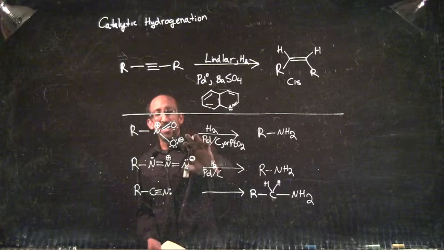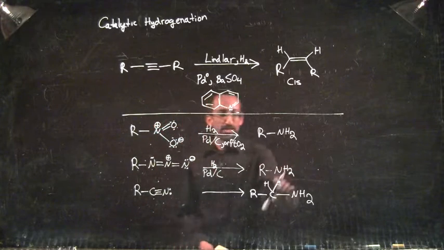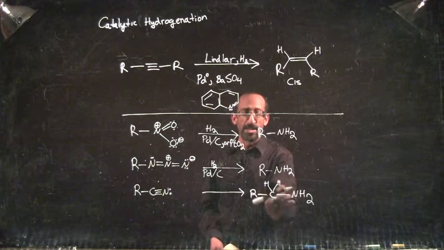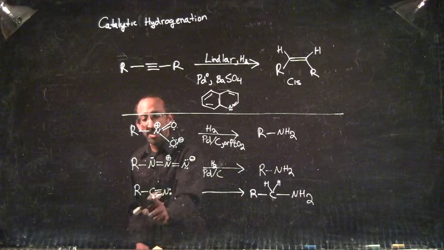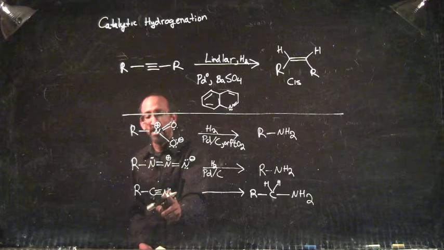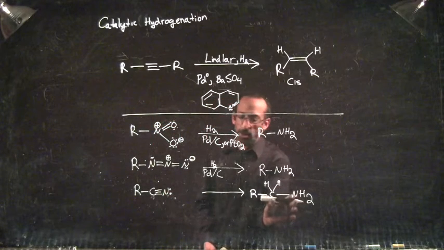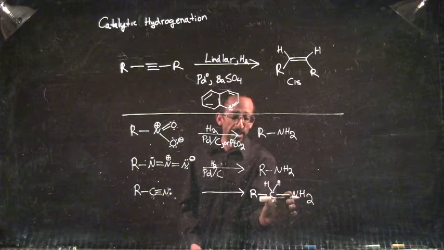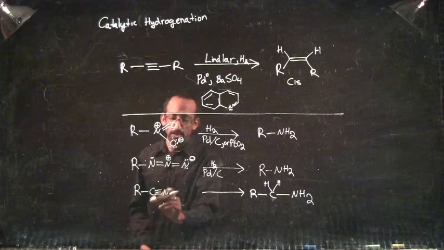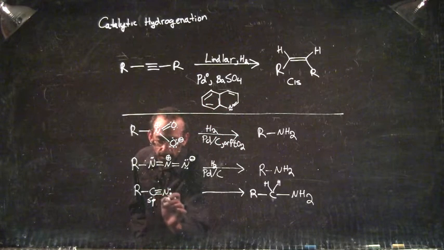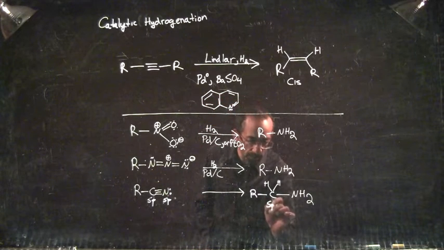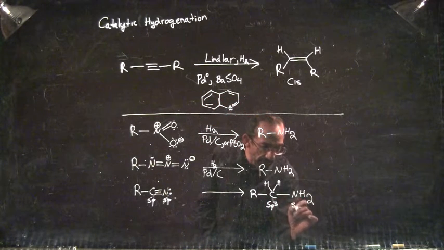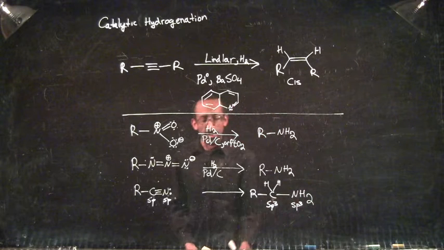Our nitro and azide functional groups don't give us this new sp3 hybridized carbon, but our nitrile takes an sp hybridized carbon and nitrogen and converts both of those into sp3, sp on the carbon and the nitrogen in cyano, and then sp3 and sp3 in the amine.